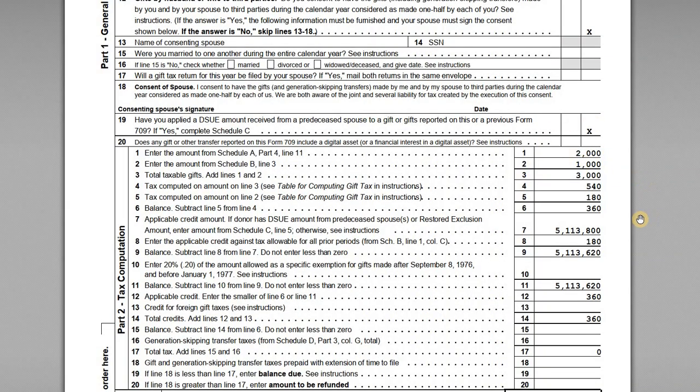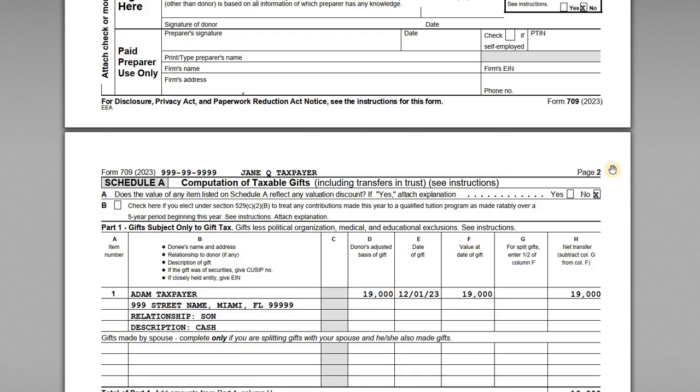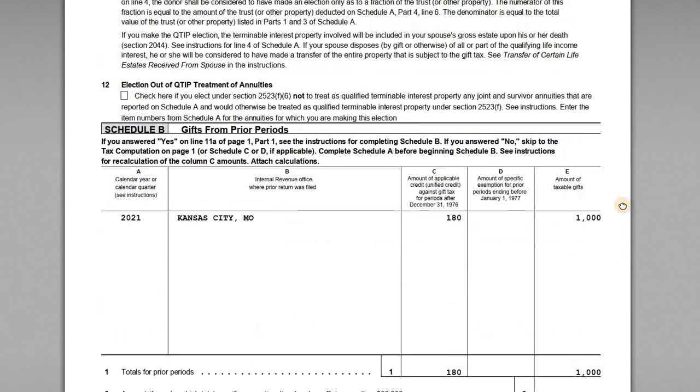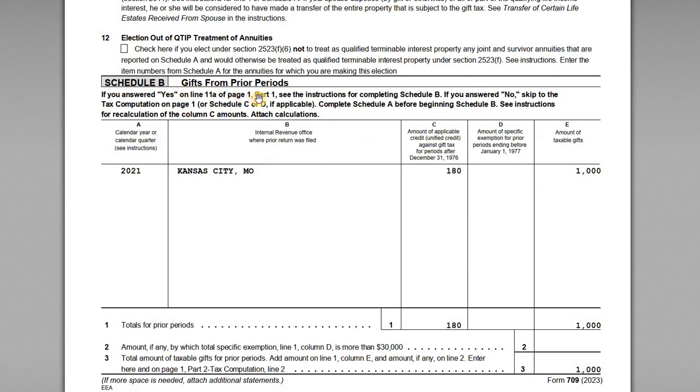Now that we have line 1 completed, we can go to Schedule B to pull through the taxable gifts from the prior year. If I go down to Schedule B, this is where we report gifts from prior periods. You list out the total gifts on a per year basis. The only other year that we had to file this was 2021.